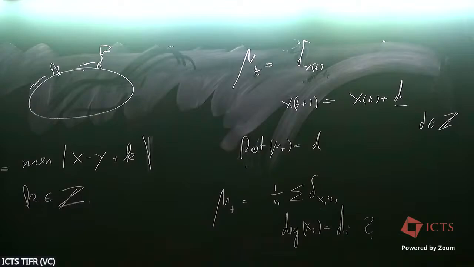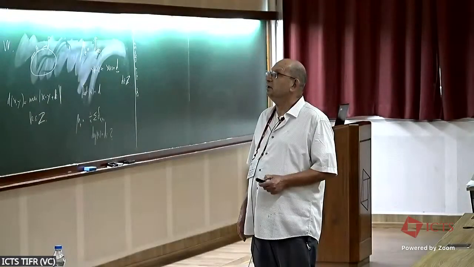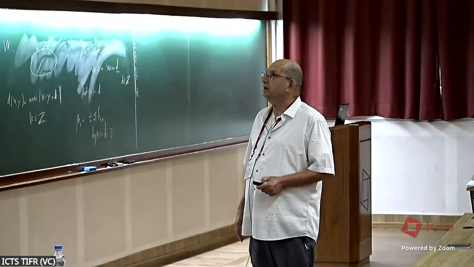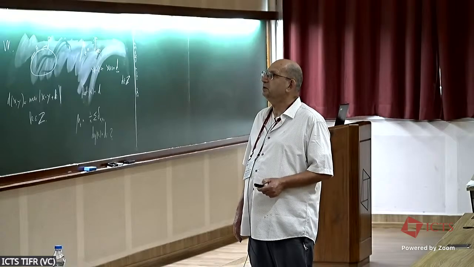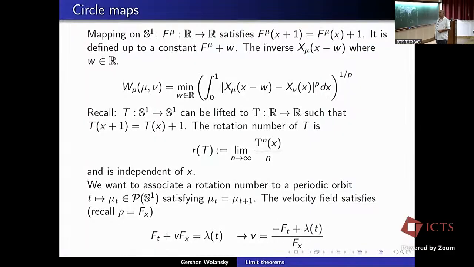Anyway, we want to see if we can assign a rotation number. For this, we want to find a mapping corresponding to this flow of measure mu of t. So you remember we have to assign a velocity. We have to look at the continuity equation.